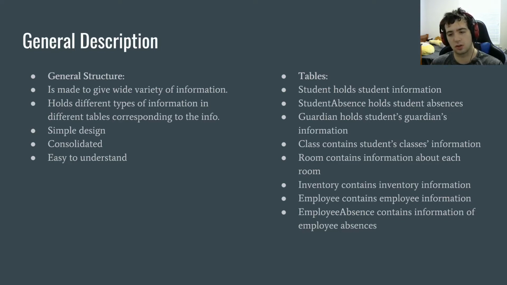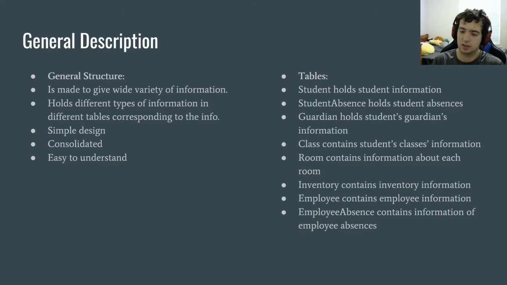Guardian holds the student's guardian's information. So the parent's name, the relation to the student, and their phone number, it'll store that so that if the kindergarten needs to contact a parent, they're going to be able to.